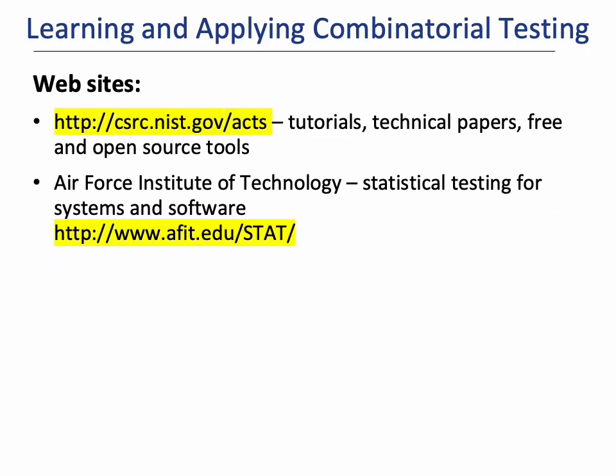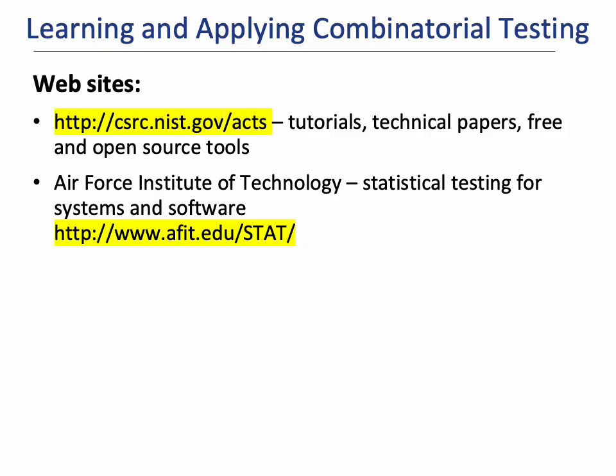Here are a couple of good websites for learning combinatorial testing. The first, of course, is ours at NIST. We provide tutorials that I mentioned earlier, a large set of technical papers from conferences and journals. All of this is freely downloadable, along with open source tools.